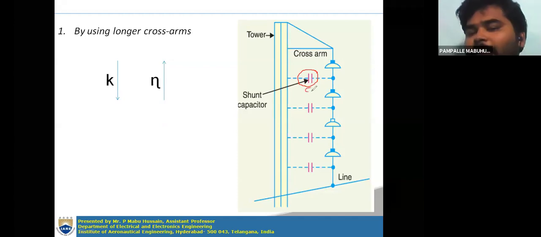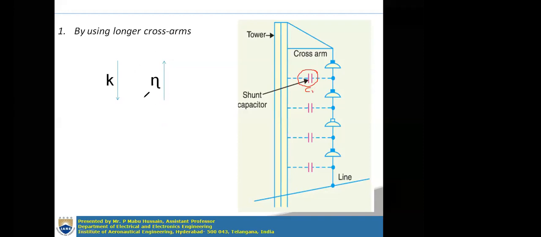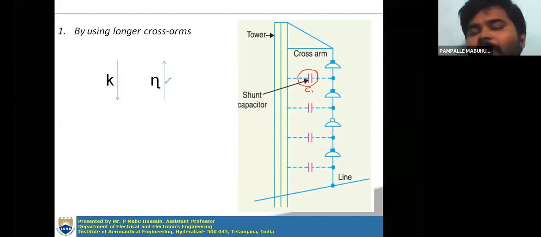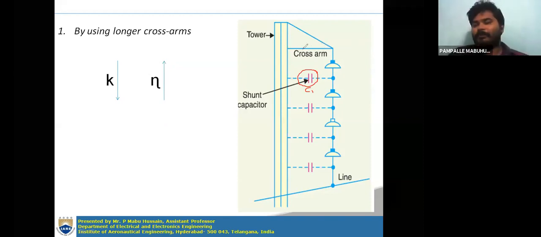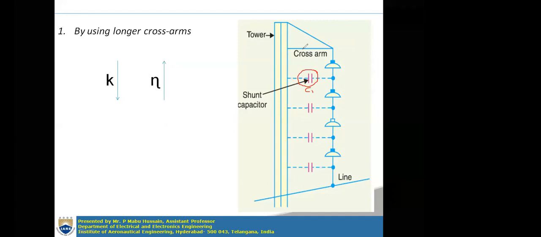So when this capacitance C1 decreases, the value of K decreases, thereby string efficiency will be improved. But the disadvantage here is that you cannot keep increasing this cross arm, right? There is a limit to the cross arm length. If you increase more than that, it will be more costly.